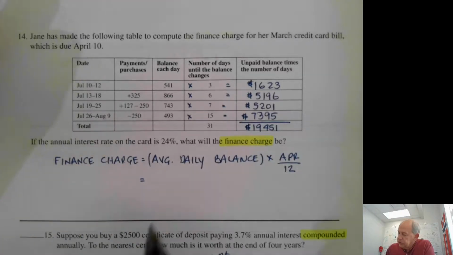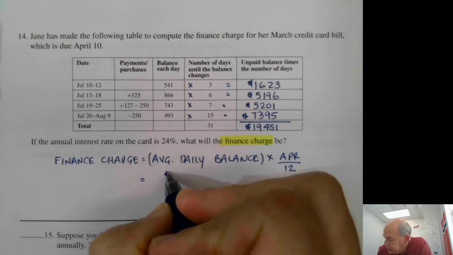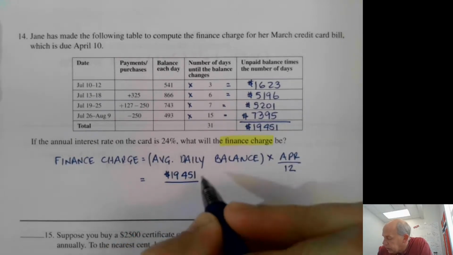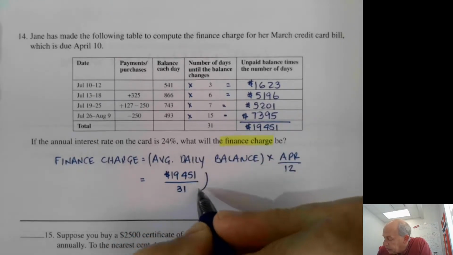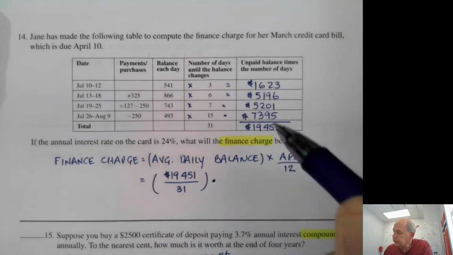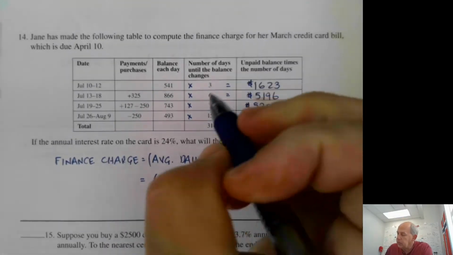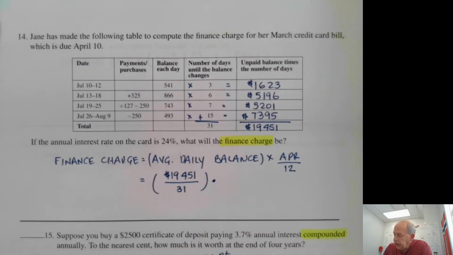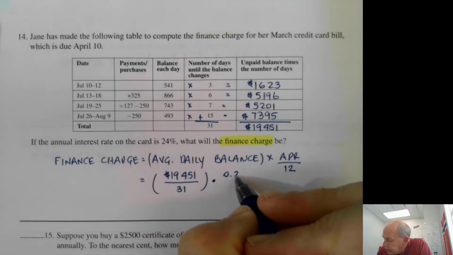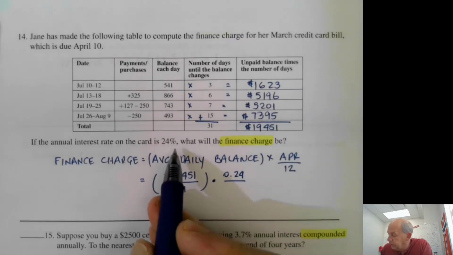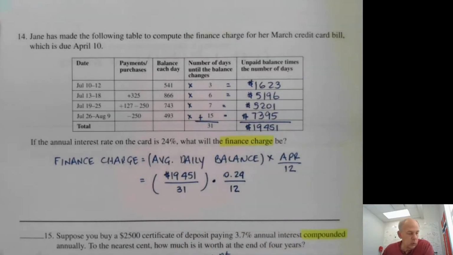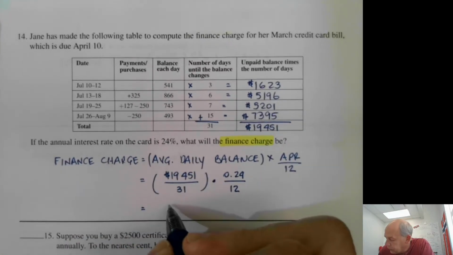Now, your average daily balance is the total, this value here that you owe on your credit card, divided by the number of days. So I added up all of these numbers. I added up the number of days in the billing month. So July has 31 days. My APR is 0.24. There's that value. I'm just looking at 1 month. I'm going to divide that by 12.